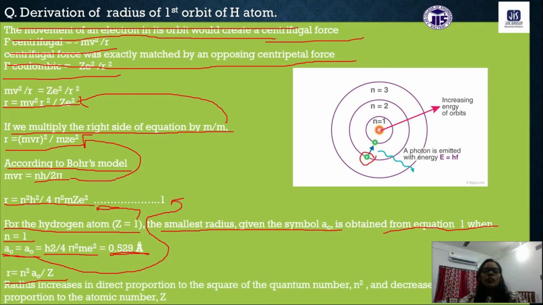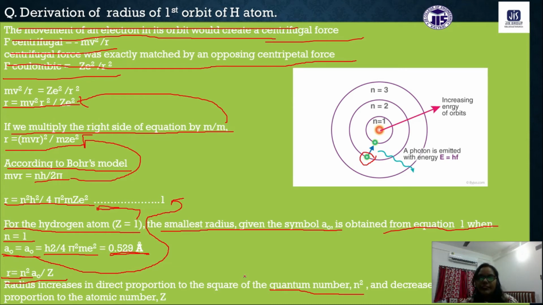Okay, so now you can see, look here, r is directly proportional to n square, the square of the quantum number n, the energy level. If the quantum number increases, the radius will increase.